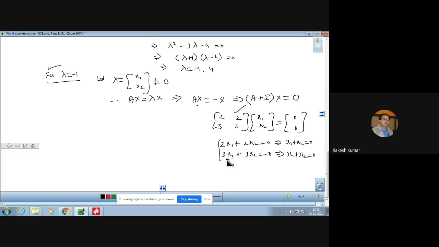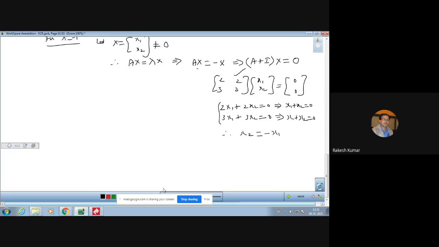So only one equation comes out of these two equations, and from this we can find x2 is equal to minus x1, and we will be able to find the eigenvector. So x1 is 1 and x2 is minus 1.